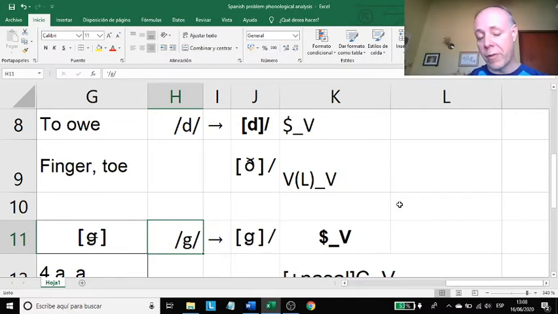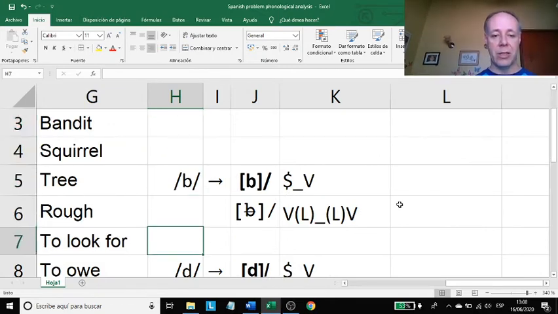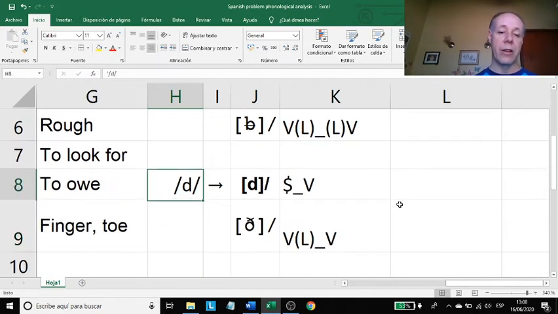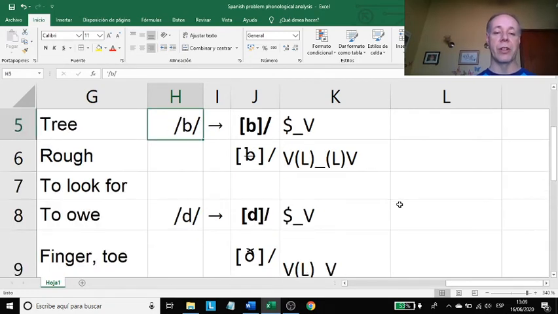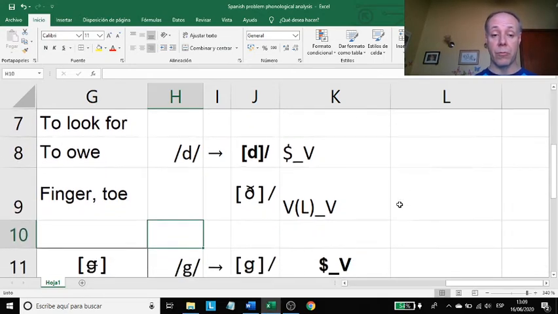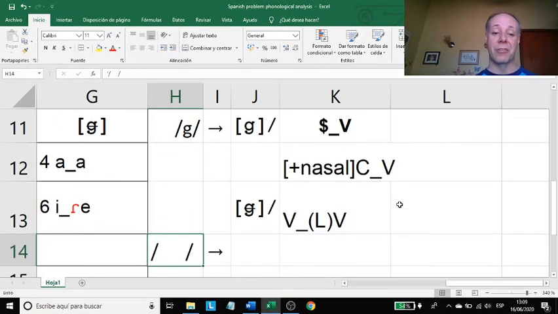And what point of articulation do they have? Well, this one is bilabial, this is alveolar, and this is velar, so we cannot mention the point of articulation. What manner of articulation do they have? Are they all glides? No. What are they? Yes, you're right, they are stop sounds.